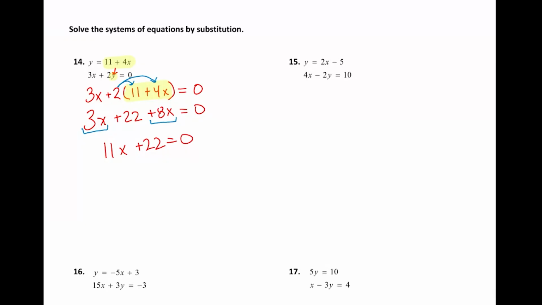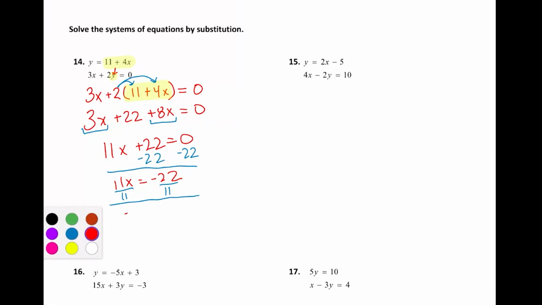Next, I can subtract 22 from both sides, giving me 11x equals negative 22. And finally, divide both sides by 11. So x is negative 2.